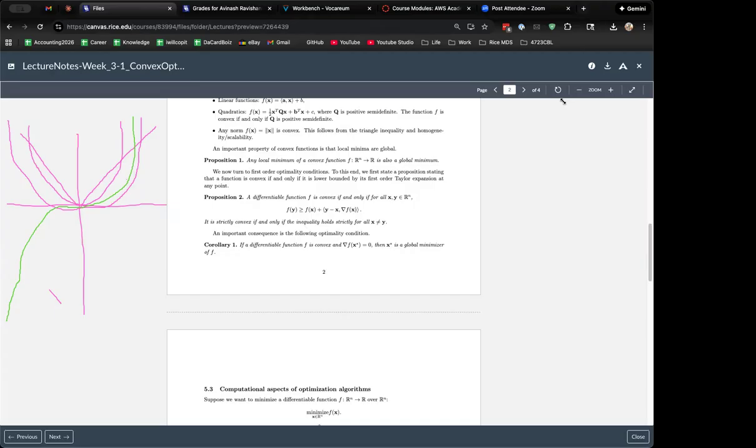We can have negative values, but x cubed's second derivative is 6x, which is positive for the positive part and negative for the negative part. The second derivative cannot be negative. So x cubed is convex on the positive part, but concave on the negative part. You take the absolute value to reflect it upwards, and then you get a convex function.